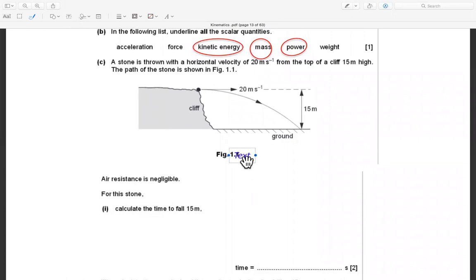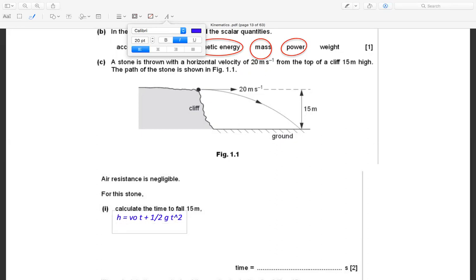Let's start from the vertical direction, where the stone doesn't have any initial velocity. So h equals v initial times t plus half g t squared. It falls 15 meter high, and has no initial velocity in the vertical direction. We don't know t.